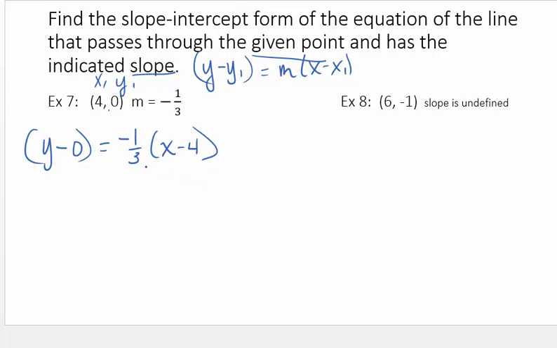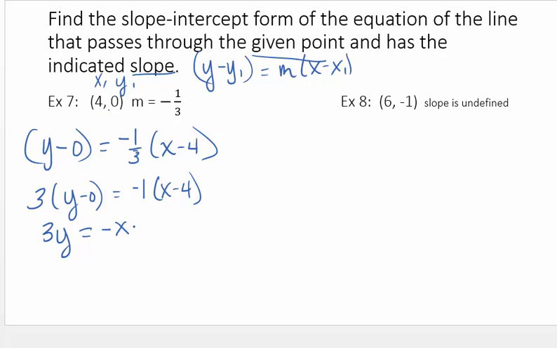All right? Now remember we said before, if there's a fraction for the slope, the way to get rid of that fraction is move that 3 over to the left side. And I would leave the negative with the 1. Don't put the negative with the 3 and the 1, but just put it with the 1. Now I need to distribute out. 3y times 0 is going to be nothing, so we'll leave that alone.